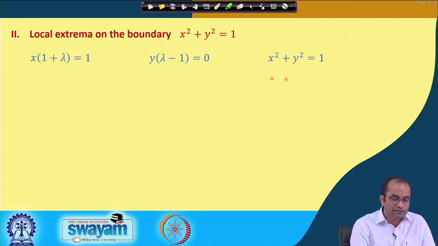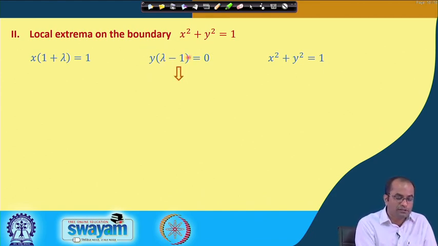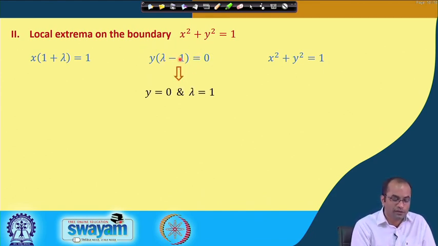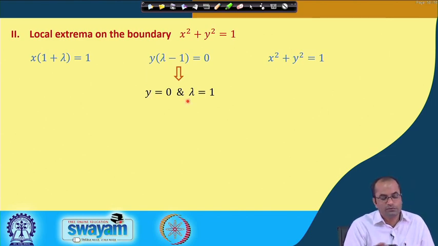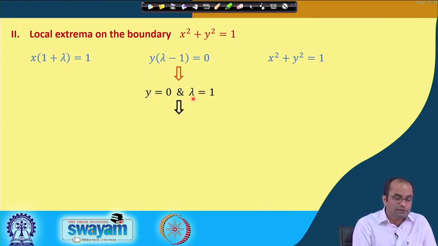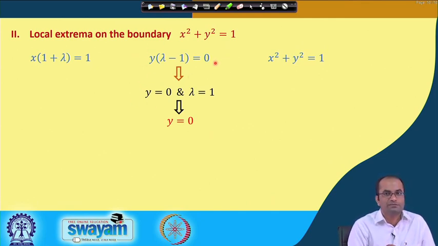So, we have these three equations which we want to solve now. Let us start with the middle one. This is satisfied when lambda is equal to 1 or y is equal to 0 or both. So, first let us consider that y is equal to 0. So, this equation is satisfied.